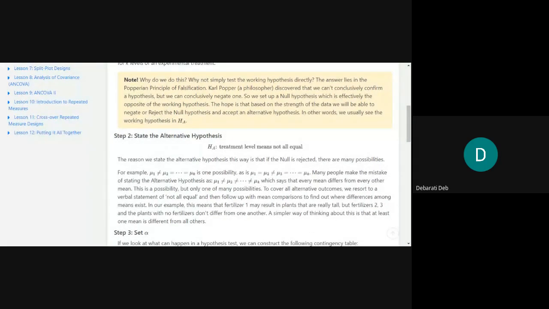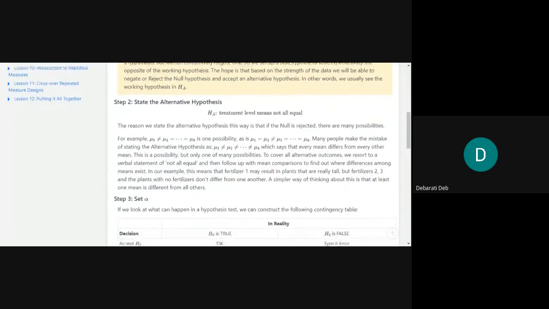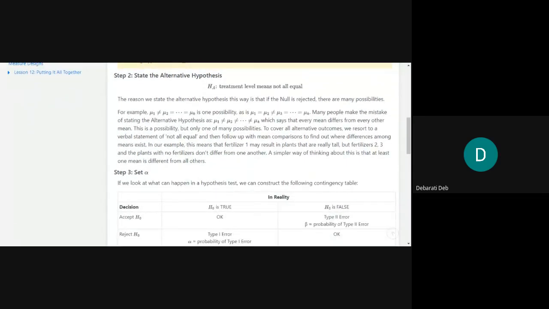We don't directly prove something; rather, we prove the negative to be wrong, and this way we come to the proof of the right one. That is why in the null hypothesis we state the reverse of our guess or assumption that we make from the literature review.